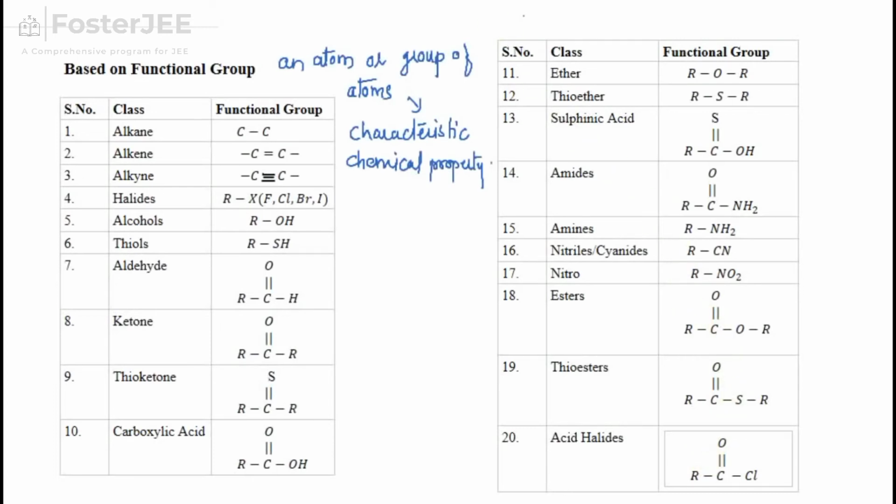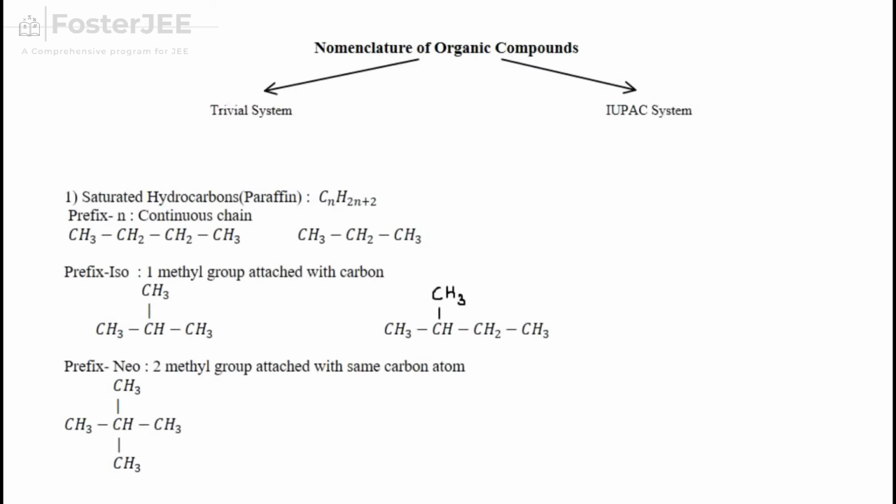Now we will discuss the nomenclature of organic compounds. Nomenclature means the assignment of names to the organic compounds. So there are two main systems of nomenclature of organic compounds.